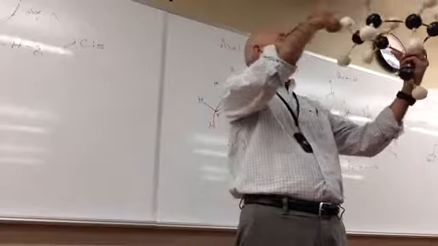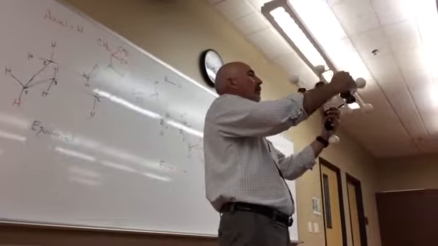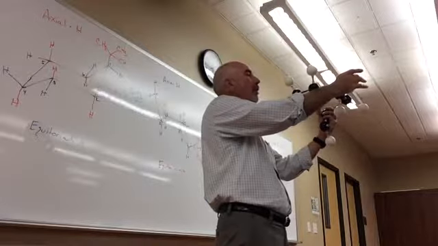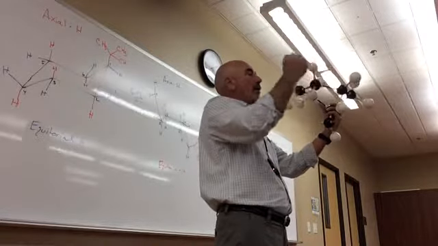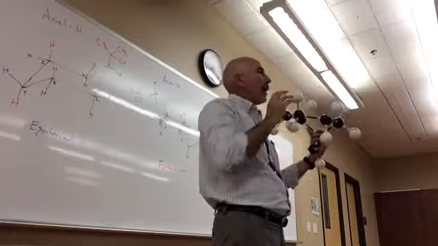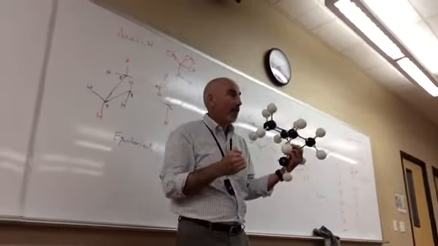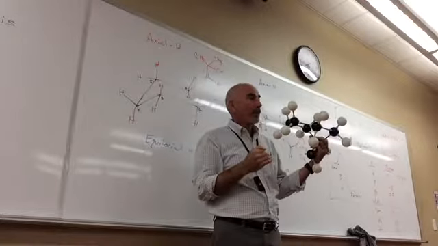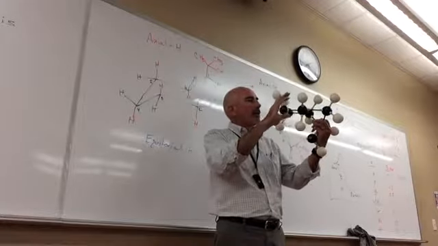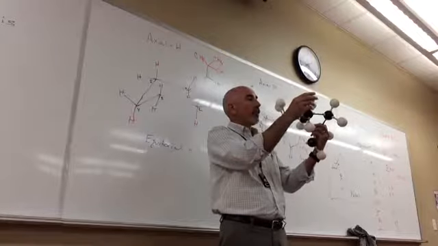Or to draw a plane of symmetry between here, this equatorial hydrogen gets put in the same plane as this axial hydrogen, and so they're on the same side. So we're going to call that cis. So then two equatorial hydrogens would be trans as well. Here's an equatorial one, and here's an equatorial one.